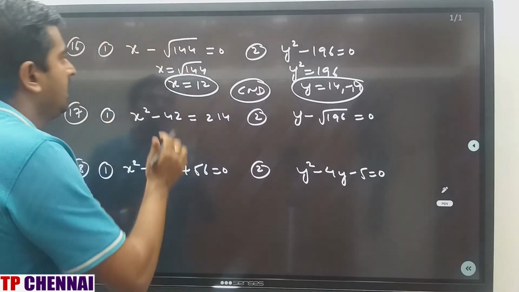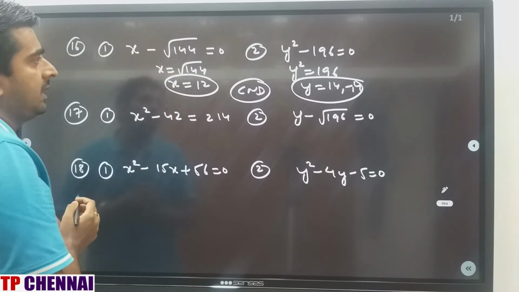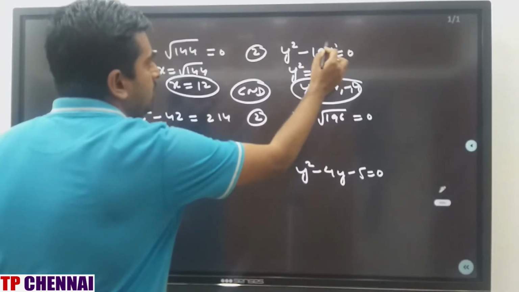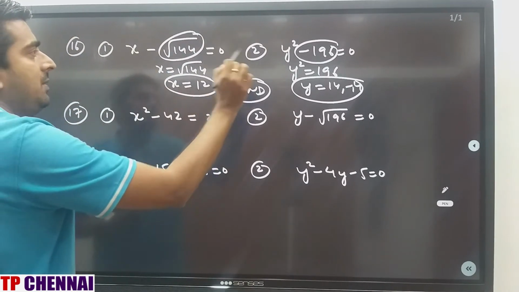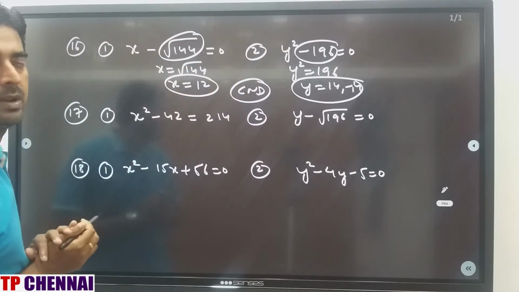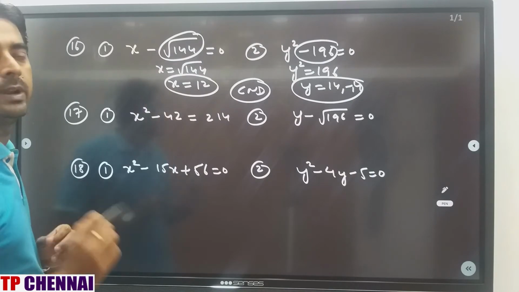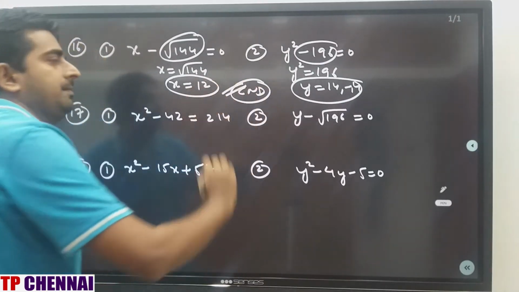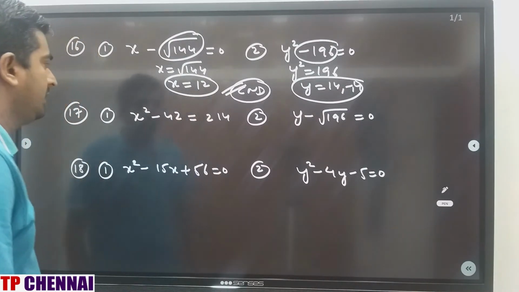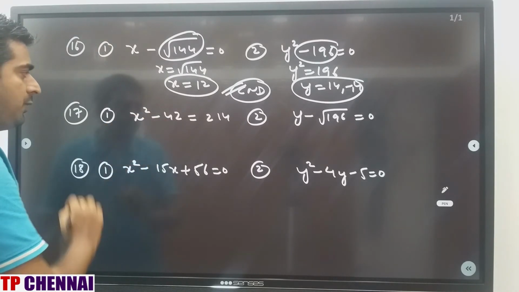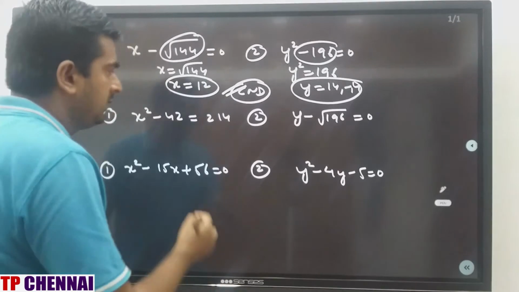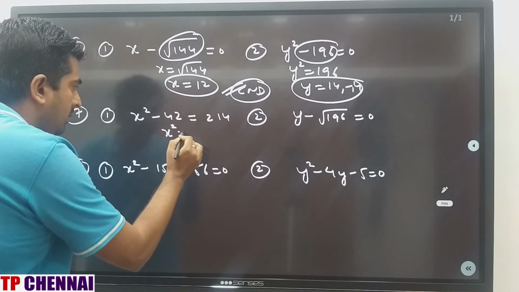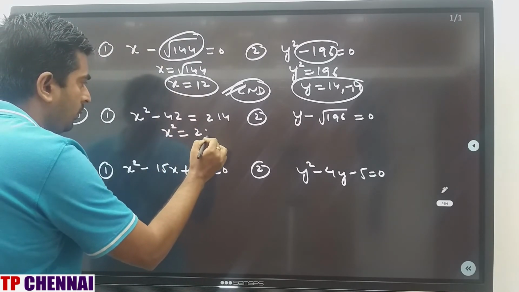Secondly, you know very well, in both equations the constant values are negative, and one has an even power and one has an odd power. Definitely you are going to get C and D as the answer. Right? Next one, same thing. X square minus 42 is equal to 214, y minus square root of 196 is equal to 0. So x square is equal to 214 plus 42, which is 256.